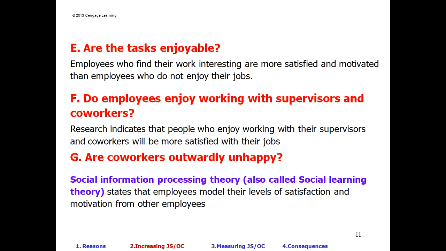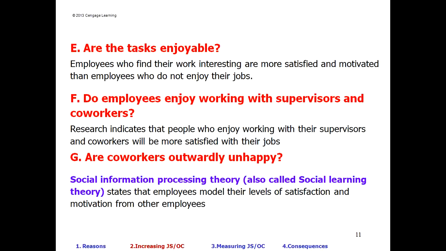The point G talks about: are co-workers outwardly unhappy? That is the question being asked. Now here in the textbook, a lot of importance is given to the importance a co-worker has for job satisfaction or a particular organizational commitment.